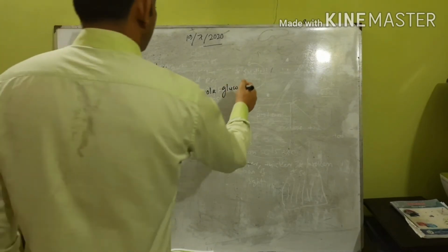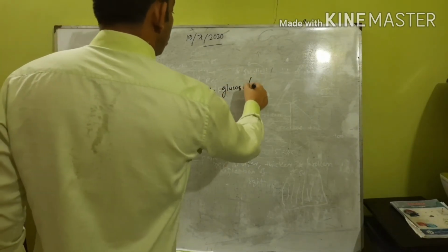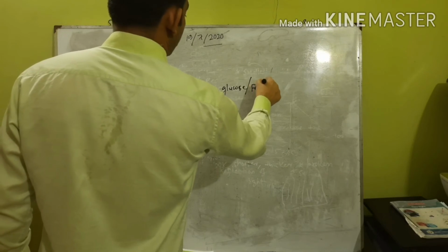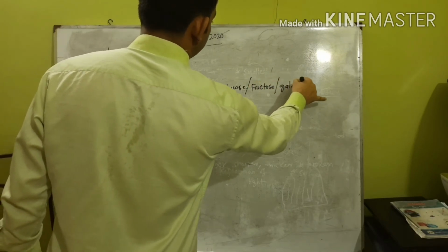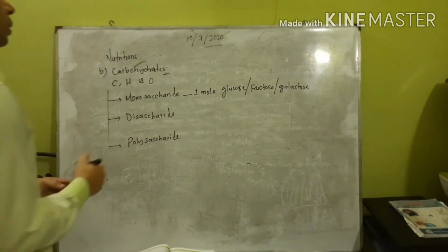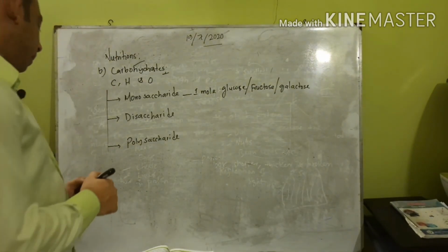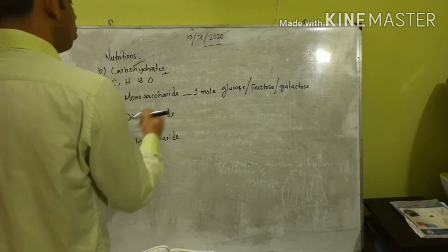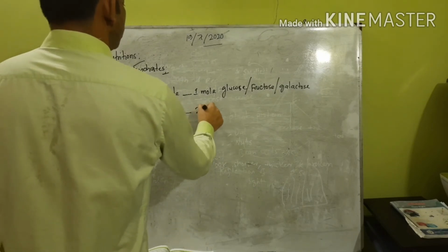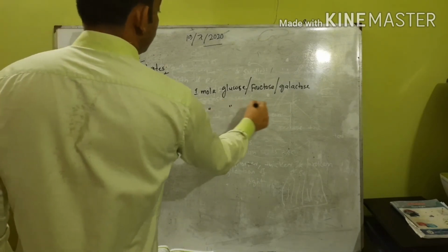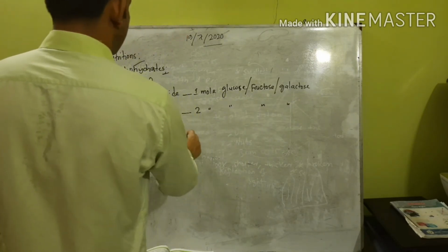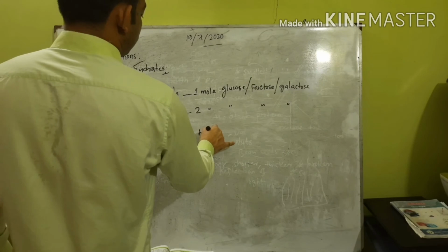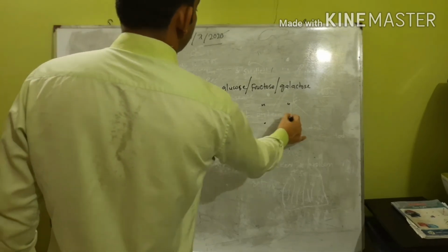Glucose, one molecule of glucose, one molecule of fructose, or one molecule of galactose. So this is the example of monosaccharide. Disaccharide is actually 2 molecules: glucose, fructose or galactose. Polysaccharide has many molecules of glucose, fructose, galactose.